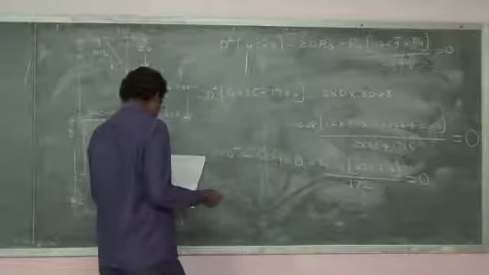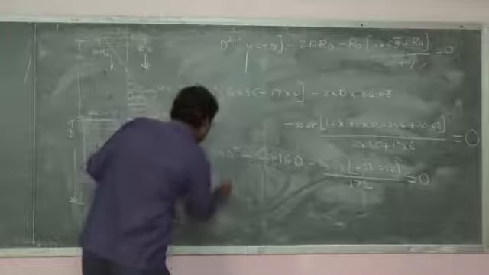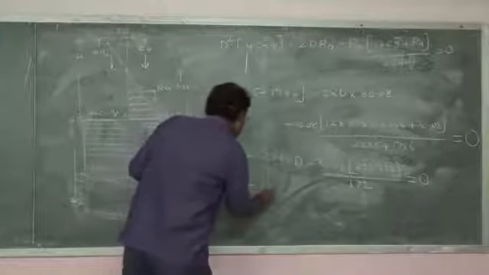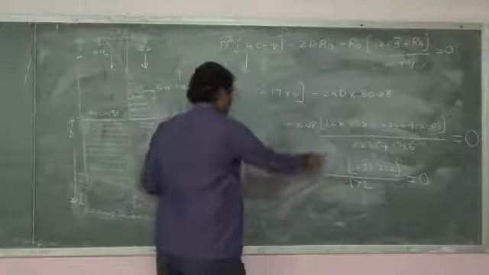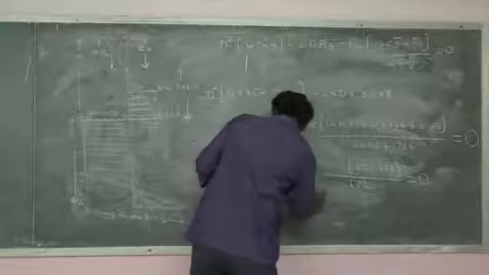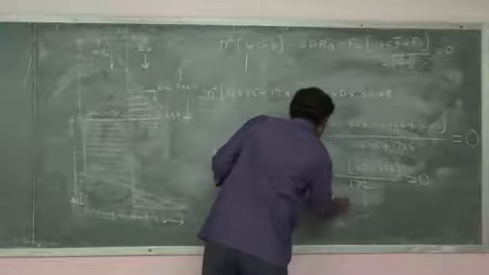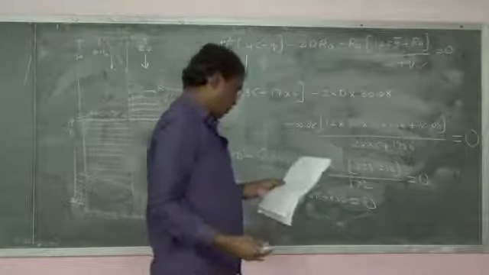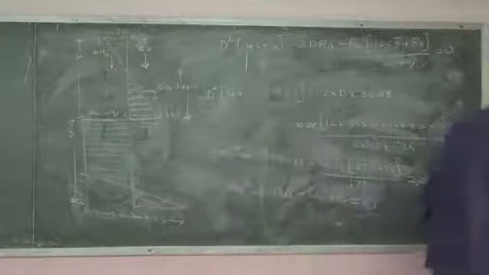Okay, so now if you simplify further, this is 38D square minus 60.16D. You multiply this with this, divide by 172, you will get minus 15.2850 equal to 0.